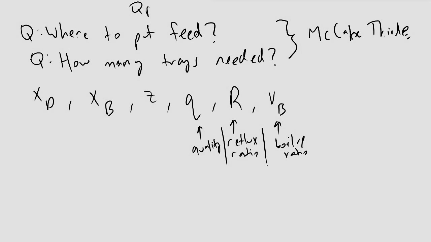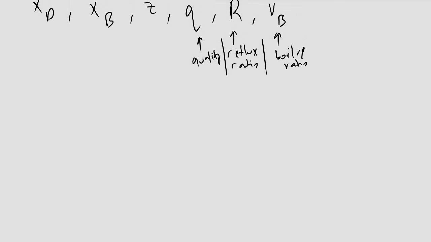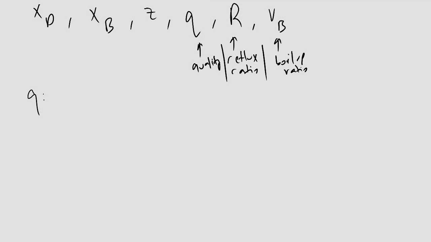And so if we wanted to figure out what the quality of our feed stream is, the way we will do that is, if we are working with a system that is between its dew and bubble point temperature, i.e. it's not a supercritical fluid that hasn't been heated above its boiling point or cooled beneath its freezing point, we can say that quality is equivalent to the liquid mole fraction of the feed.